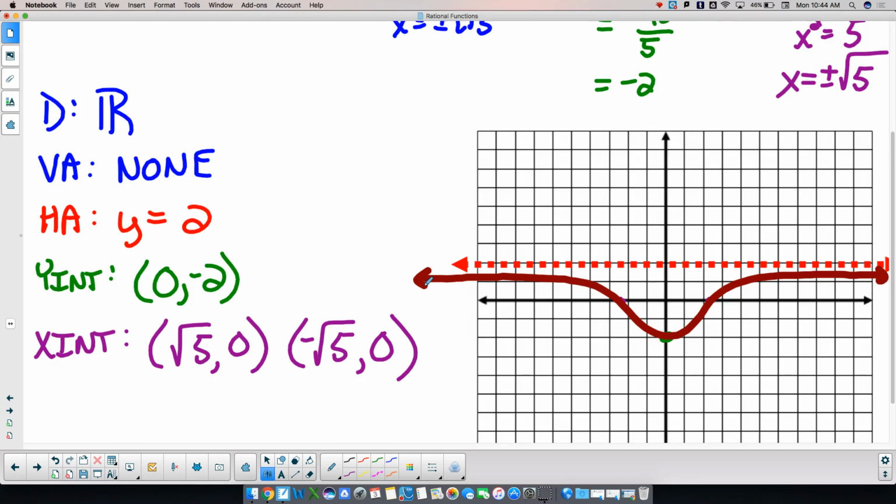And if it was an end behavior type thing, again, it didn't ask for it, but if it was, we would then say as x approaches positive infinity, our function is approaching 2 from below. And as x approaches negative infinity, our function is approaching 2 from below.